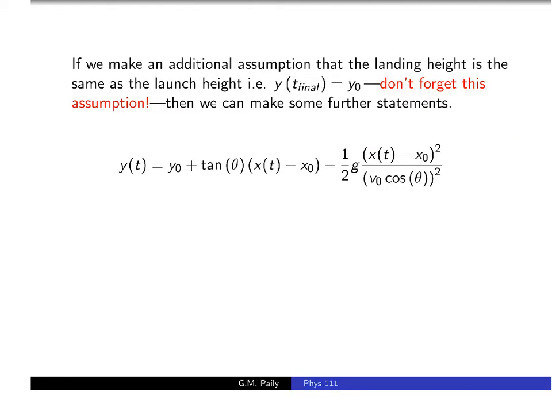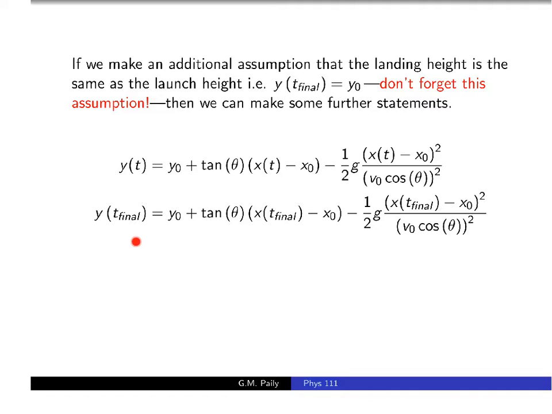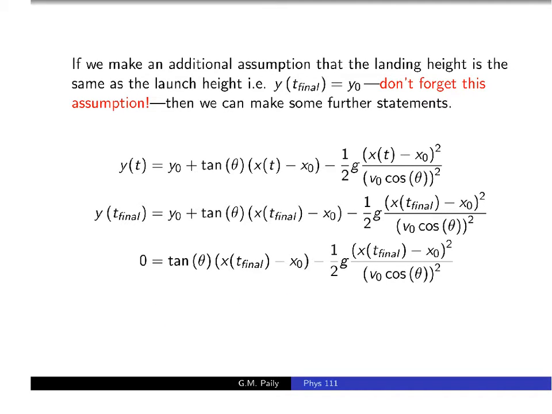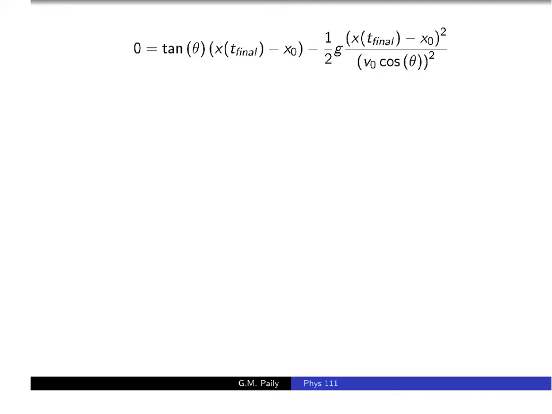So, going back to the trajectory equation, we know that the position in the y direction, that is the height at t final, is equal to the launch height. So we can cancel out those two terms. We're left with this. This is just simply the same equation rewritten.